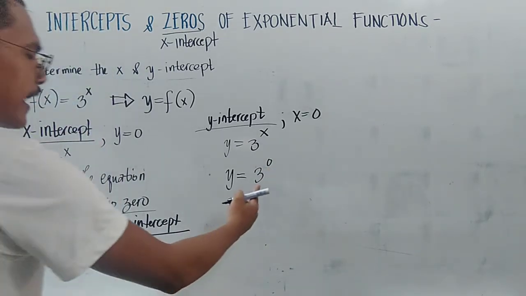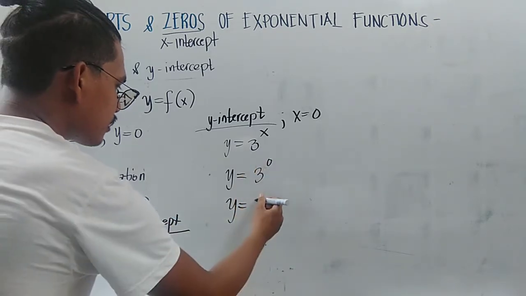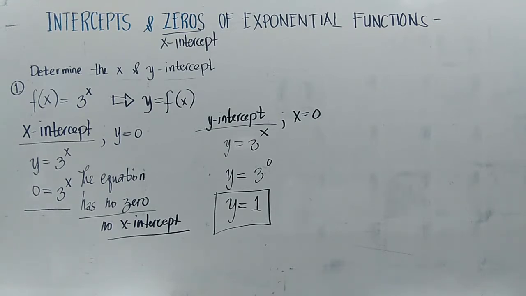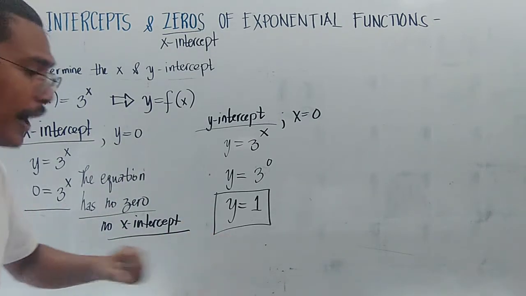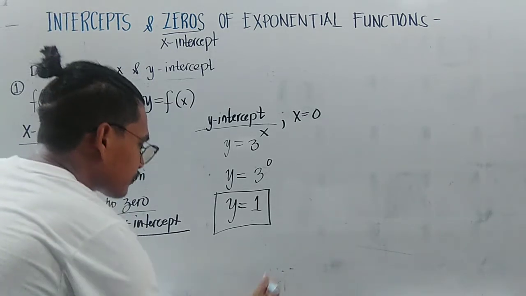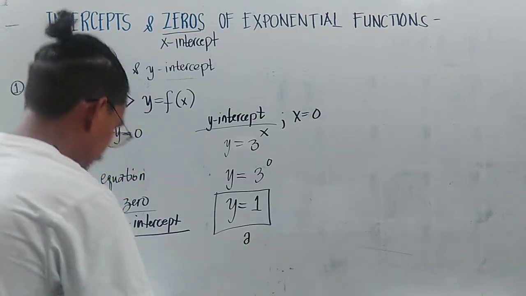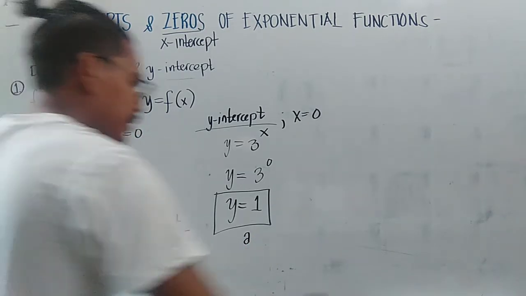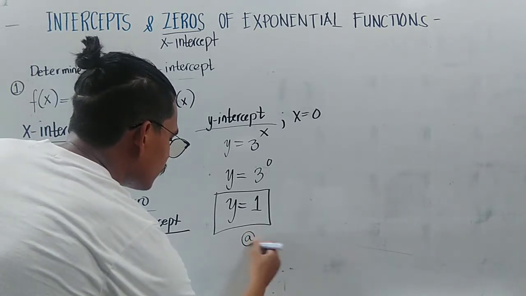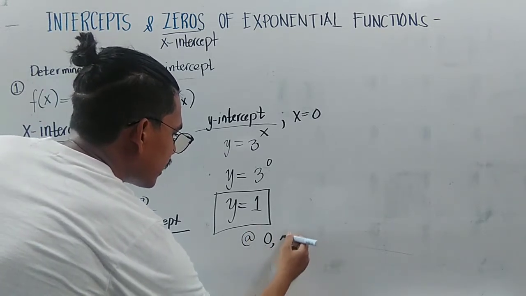By the law of exponents, any number raised to 0 is equal to 1. So therefore, our y-intercept is at y equal to 1, or shall we say that the y-intercept is at (0, 1).